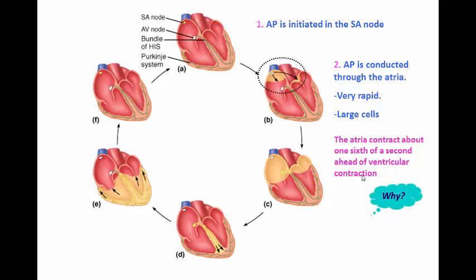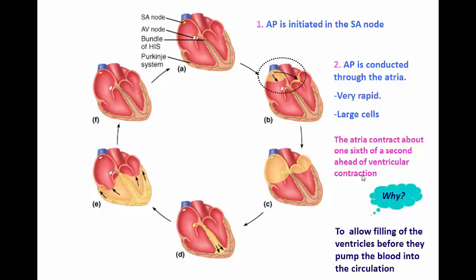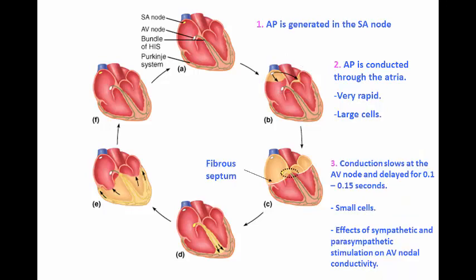And this is important. Why? This is in order to allow filling of the ventricles before they pump the blood into the circulation. Then the impulse reaches the AV node, where we have a delay in the conduction of the impulse of about 0.1 to 0.15 of a second.